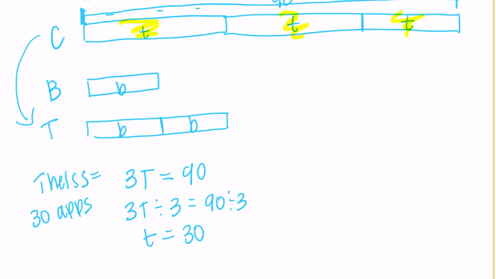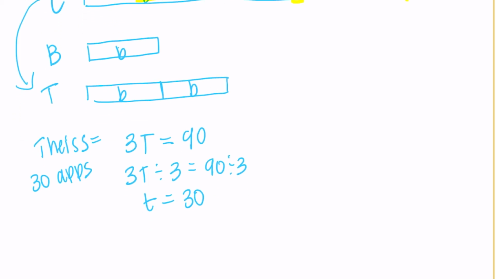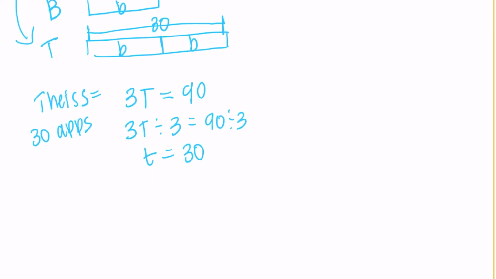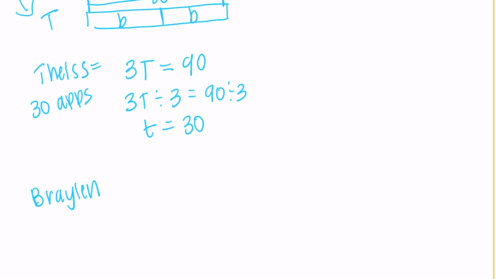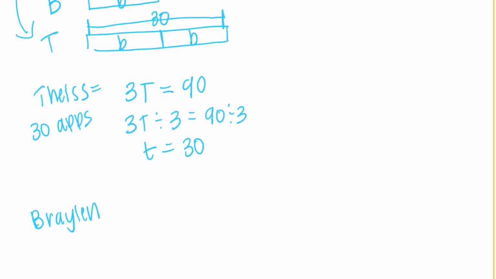So Braylon, so now we know that this is equal to 30, which would mean that Braylon, 2b, so there's 2 b's is equal to 30.